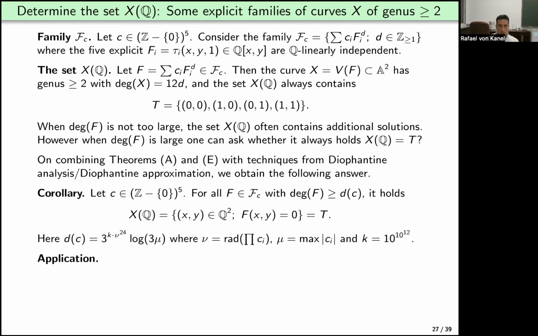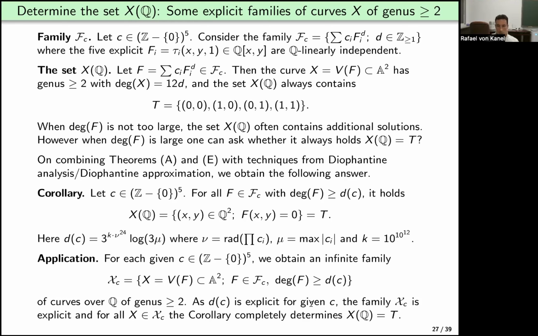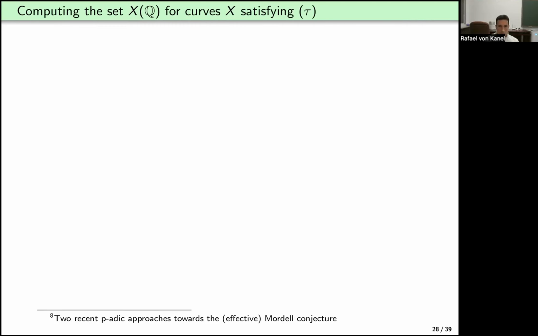And then the application for this is that for some infinite families of curves X of c of genus greater or equal than 2, we can actually completely determine this set X of Q, which is just given by these 4 points. So this is a very special family of curves, and we would like to have similar results for other curves which satisfy tau.